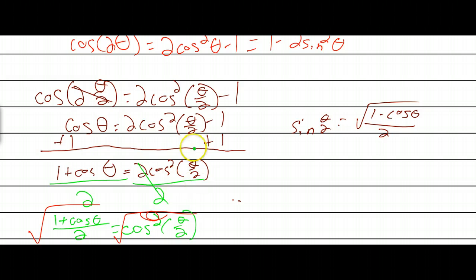Alright. So we're going to use this formula here now. We know that cosine of theta is equal to 1 minus 2 sine squared of theta over 2. It's the same thing we did here, except we're just going to skip this step. Now again we want to get rid of the 1, so it's minus 1 on both sides.